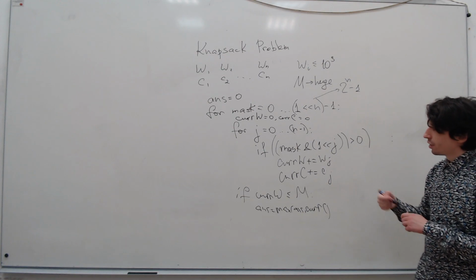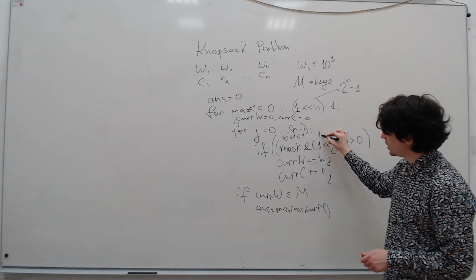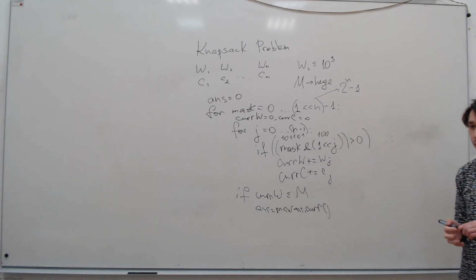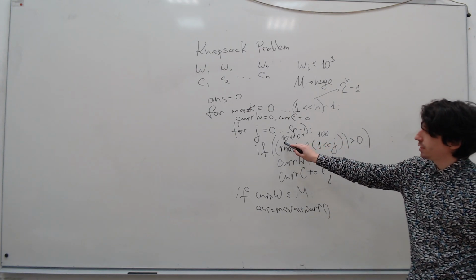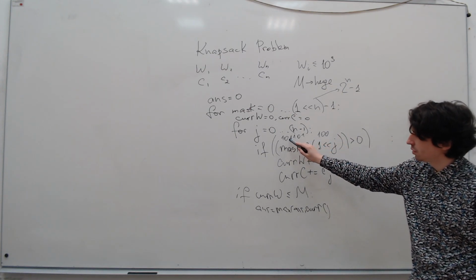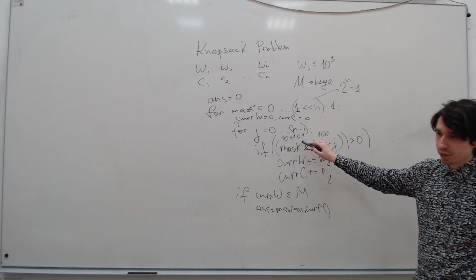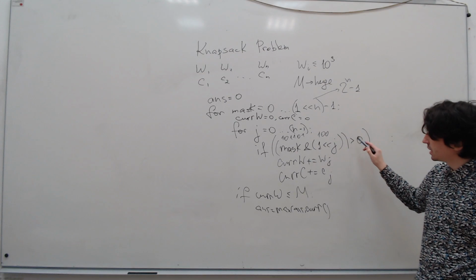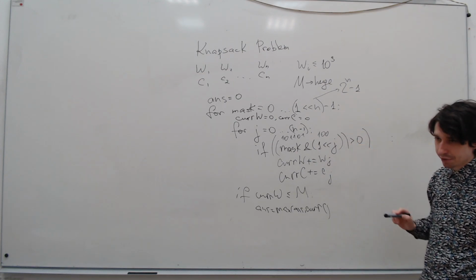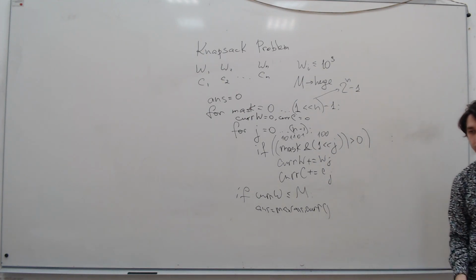It is like this bit string will be 0, 1, 1, 0, 1, and this one 0, 1, 0, 0 if j is 2, sorry. You check whether their AND is bigger than 0. This means that this bit is in place, so we add the weight and the cost.